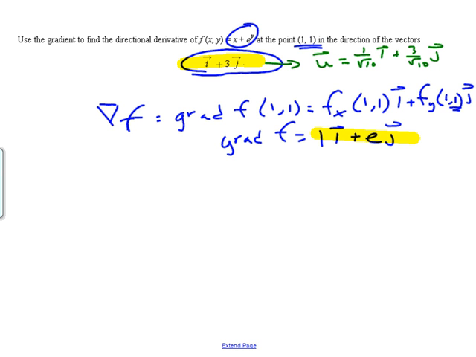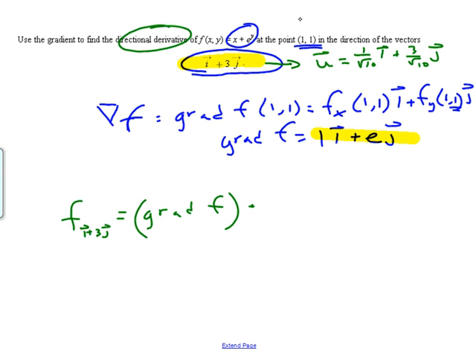So to find the directional derivative of f in the i + 3j direction, this is going to equal grad f dot u.